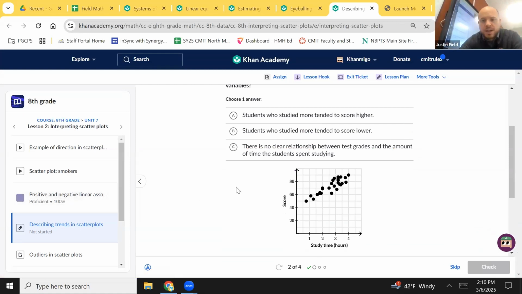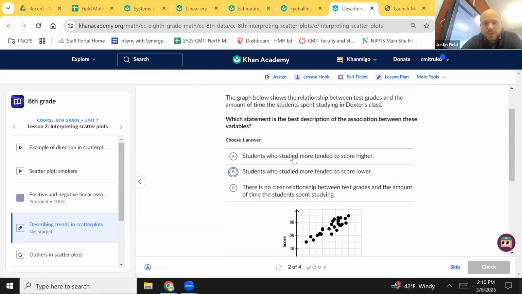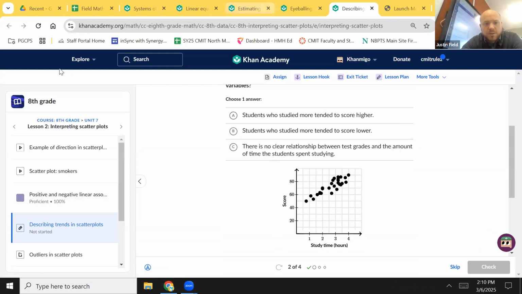I'm not going to talk about this one as much. Here we see a positive association, and the strength kind of decreases as it goes on. Oh, I love this example, study time versus test score, right?